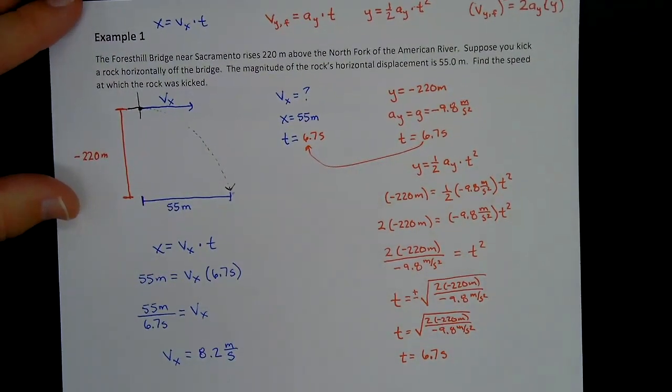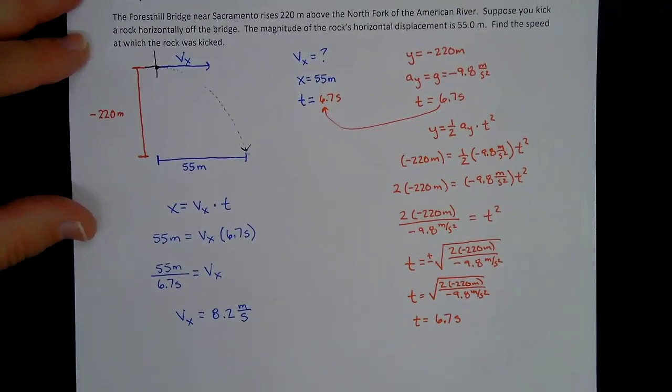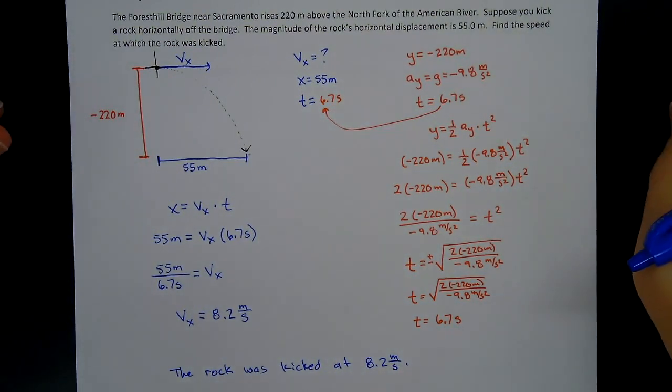So that means the rock was kicked at 8.2 meters per second. And that's the speed at which it was kicked.